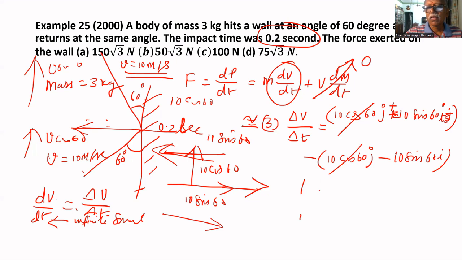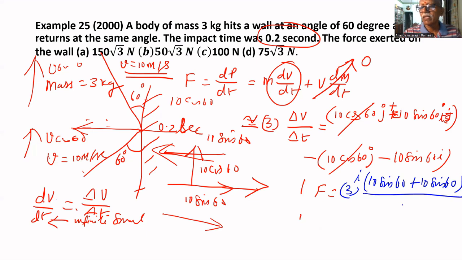Therefore, F equal to delta P divided by time, which is mass 3 into dV by dt. That is 10 sin 60 minus of minus, plus 10 sin 60, along the I direction, divided by delta T. Time is 0.2 seconds.